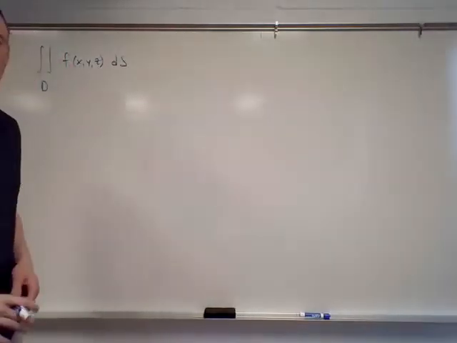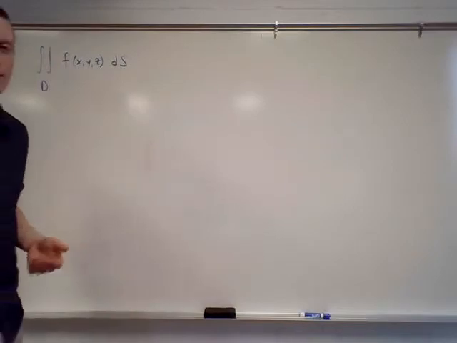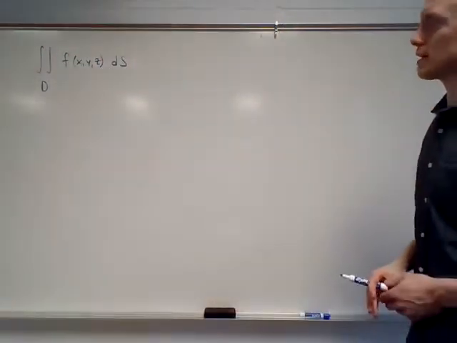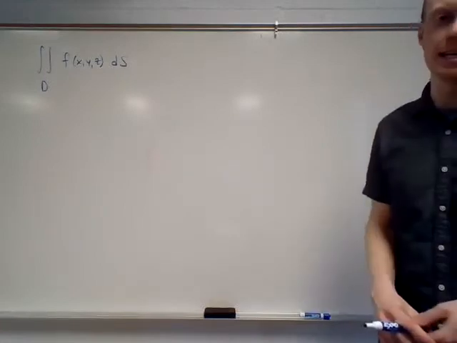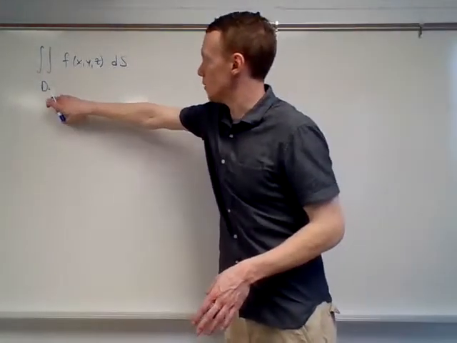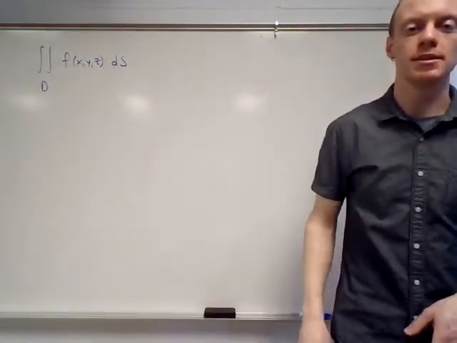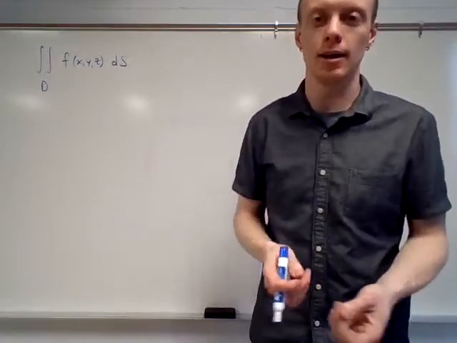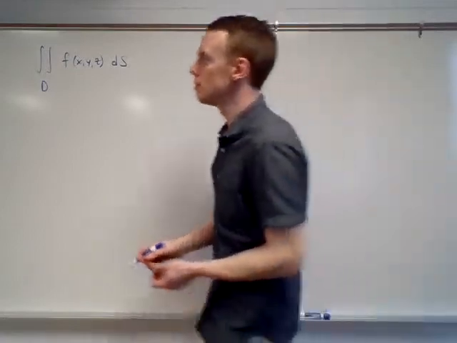So the formula for the surface integral is the double integral over some region D in the UV plane of f of x, y, z, dS. Well, our region D in the UV plane is simply the bounds that we had on our u and v variables.